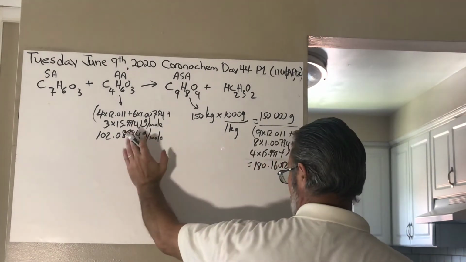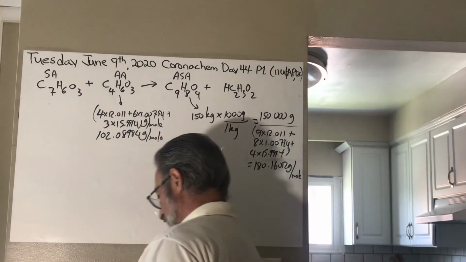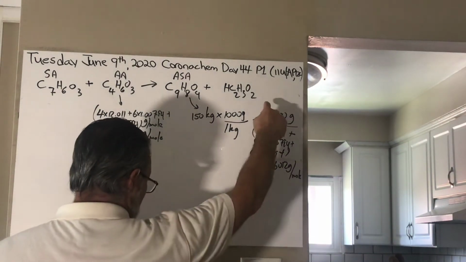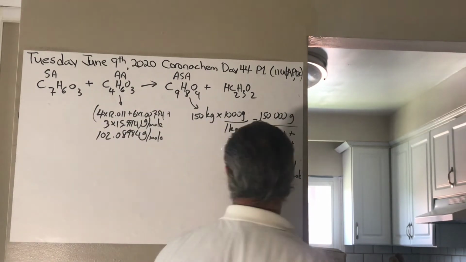So we have the acetic anhydride and we have the aspirins. 150,000 grams divided by 180. Let's find out.